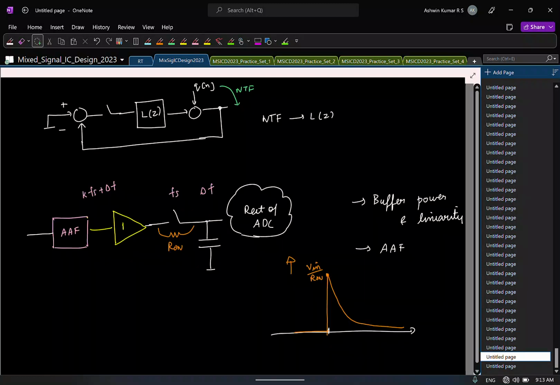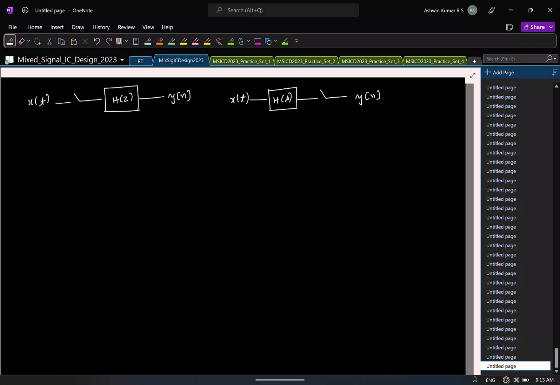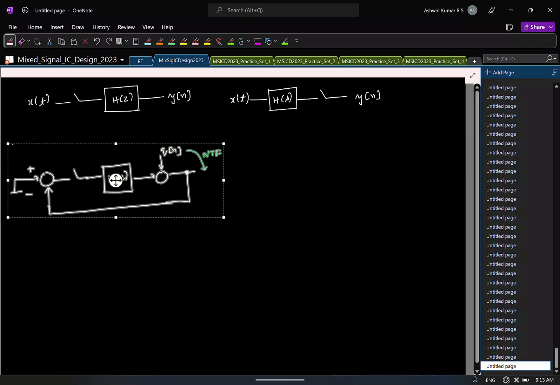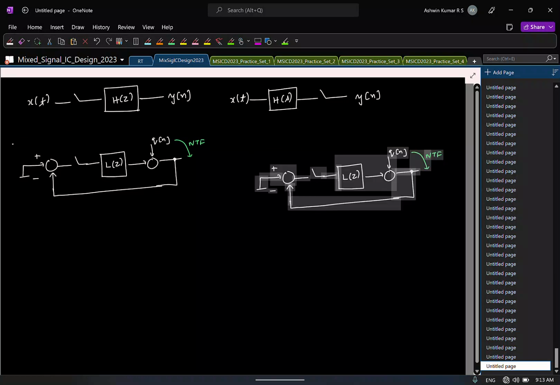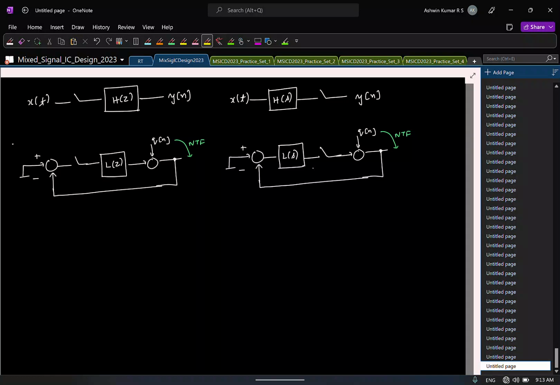So now the discrete time loop filter here will become a continuous time loop filter. Instead of this, I will now have it like this, where first I don't sample, I do the filtering in the continuous time itself, and then I sample. And again, the idea is the same. You have a particular noise transfer function.